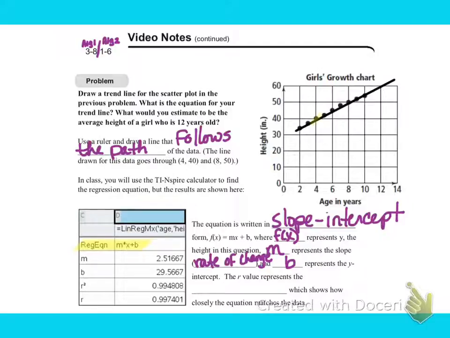The r value in the table represents the correlation coefficient, which shows how closely the equation matches the data.